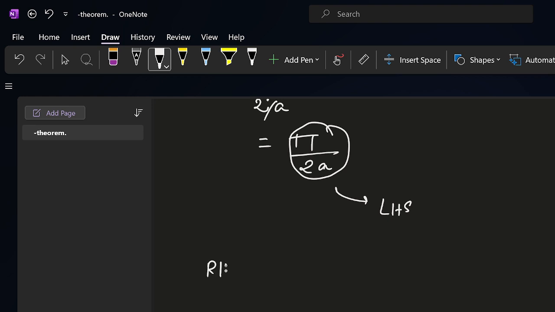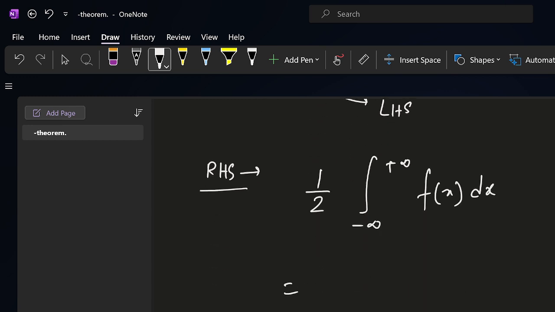Now we have to also show that this is equal to RHS. What was our RHS? This is 1 by 2 of the theorem, the integral from minus infinity to plus infinity of f(x) dx. Because it is already mentioned that f(x) is an even function, for an even function we know that the integral from minus infinity to 0 is exactly the same as the integral from 0 to infinity, because they are mirror images of each other.